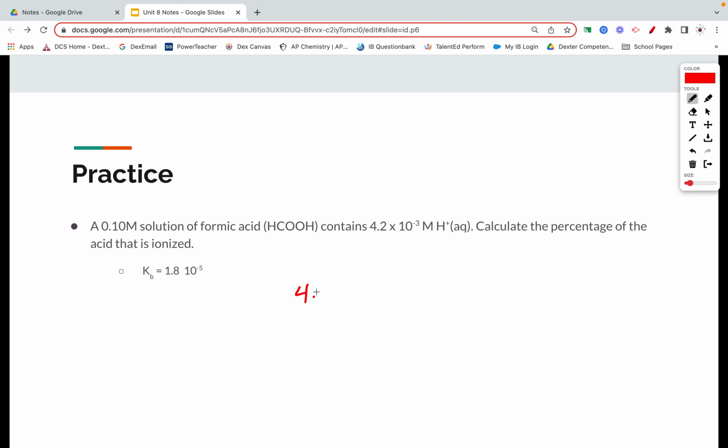We just take 4.2 times 10 to the negative third molarity divided by 0.10 molarity, times 100, which equals 4.2%. And that is it. That is the entire way to find percent ionization.